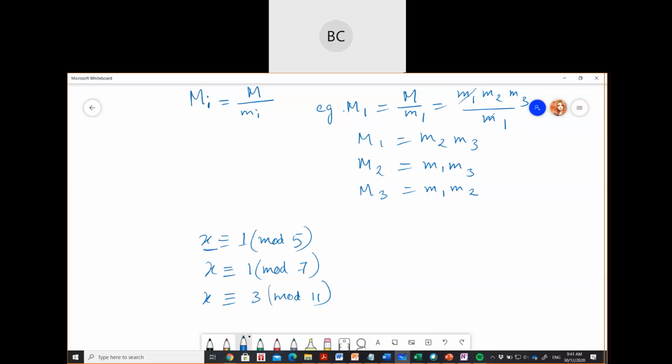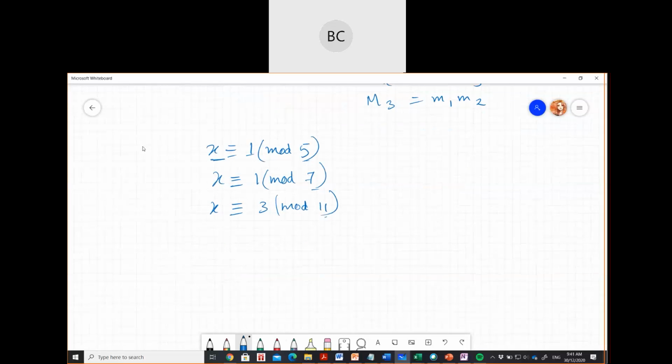What I need to check first is whether these numbers are co-primes or not. Now see here, 5, 7 and 11 are all relatively prime to one another, so we can find X. Since we can find X, we have to proceed further.